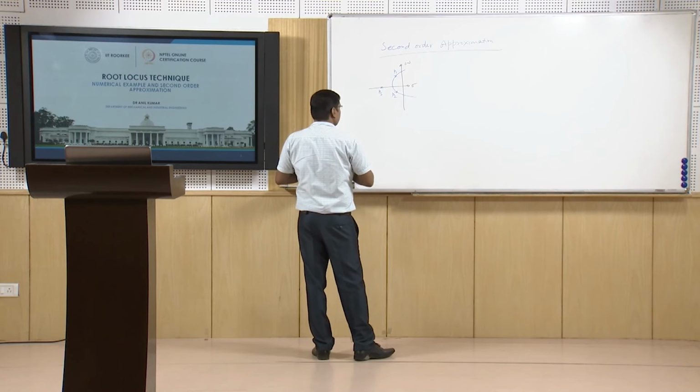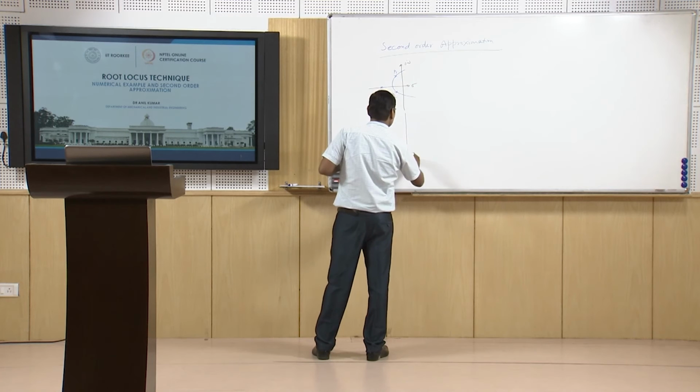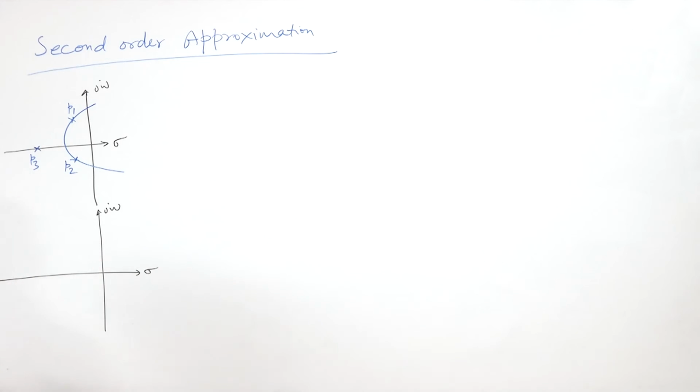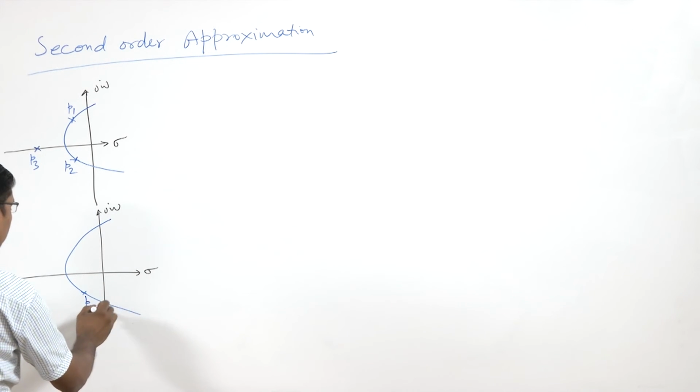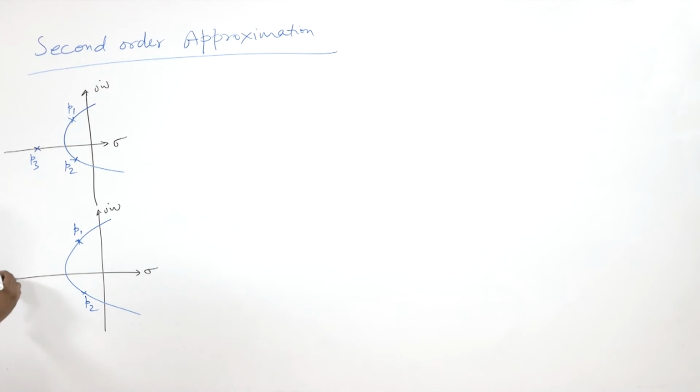We can do this if this pole P3 is far. So if this is P2, this is P1, and this P3 is far from here, the real axis coordinate of the complex poles.